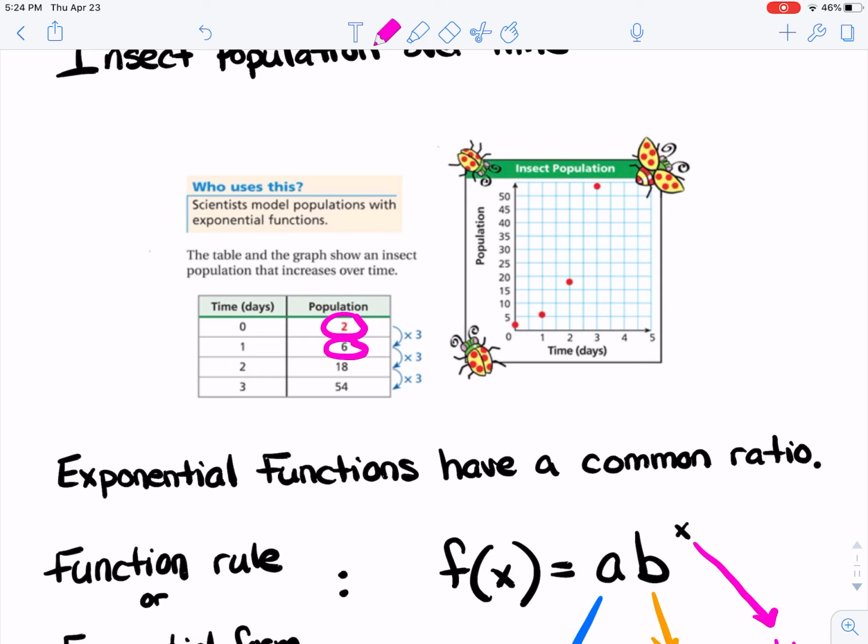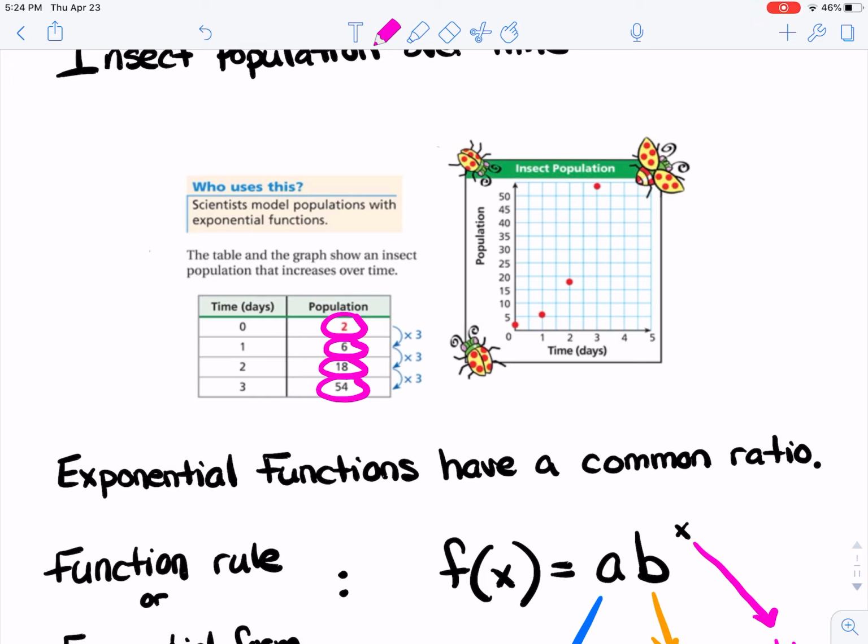And then all those baby ladybugs made more ladybugs, so that by the second day, now there's 18 ladybugs. Then after 3 days, it goes up to 54.